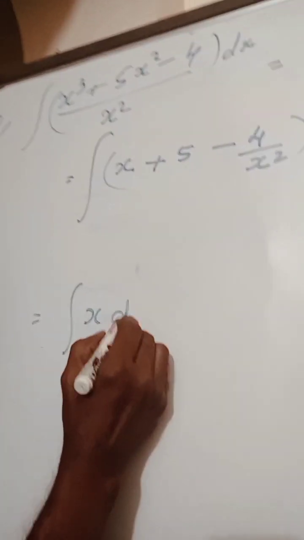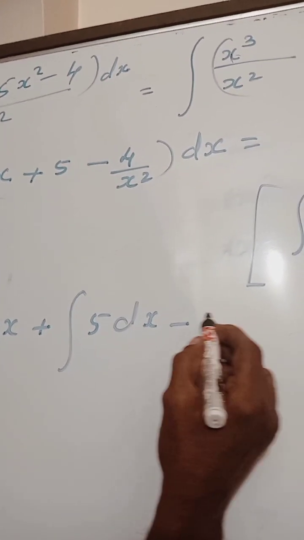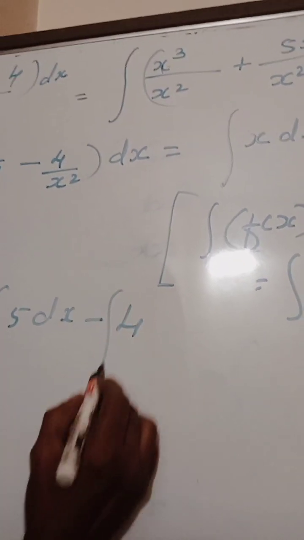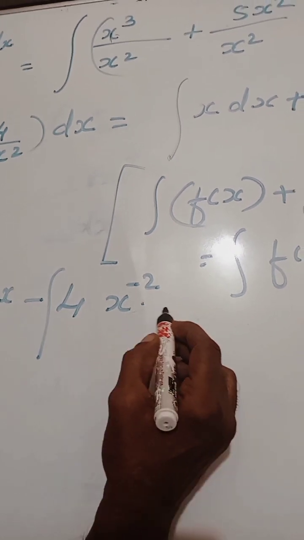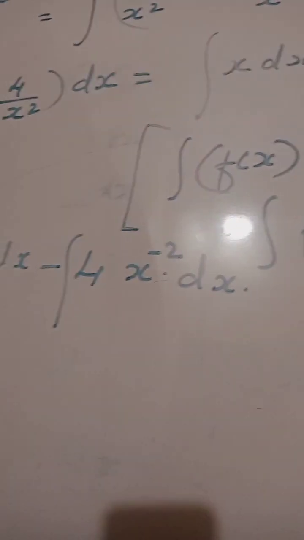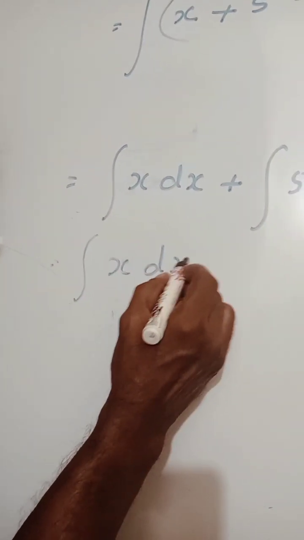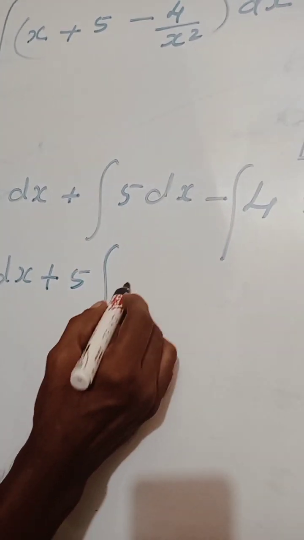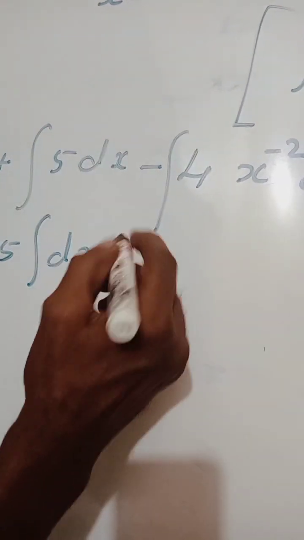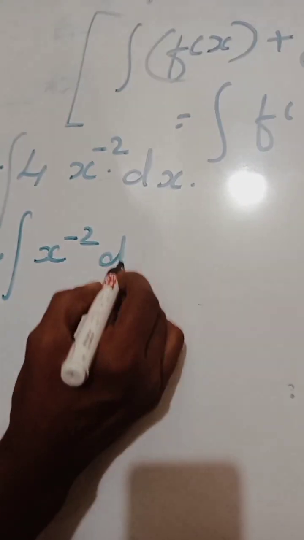This is equal to integration of x dx plus integration of 5 dx minus integration of 4 into x raised to minus 2 dx. This is equal to integration of x dx plus, we can take 5 outside of integration, 5 into dx minus, 4 we can take outside of integration, minus 4 into x raised to minus 2 dx.